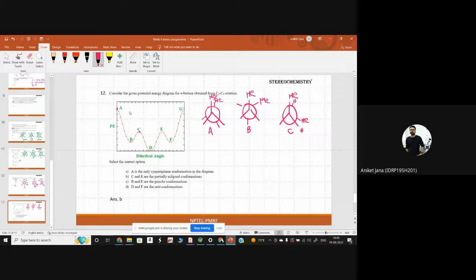Have you got the point I am trying to explain? Yes, sir. In the case of A, the methyl-methyl interaction is there, so because of the interaction of the two bulky methyl groups, the energy is much higher than C, where the methyl and the hydrogen are in the eclipsing position.